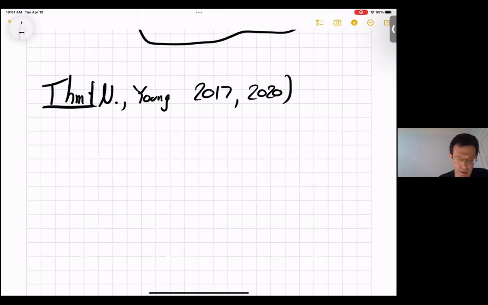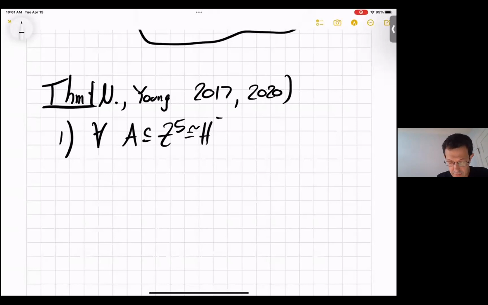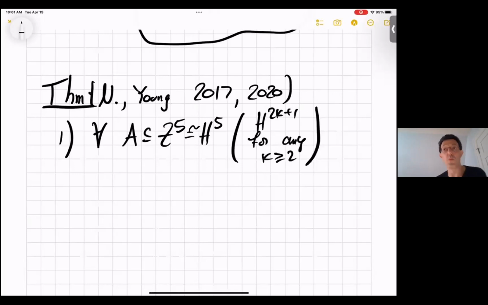So I'm going to start in dimension 5 and above. So for every A in Z to the 5, which I identify with H5, but really I can do H to K plus 1 for any K at least 2, and we will see what's happening.